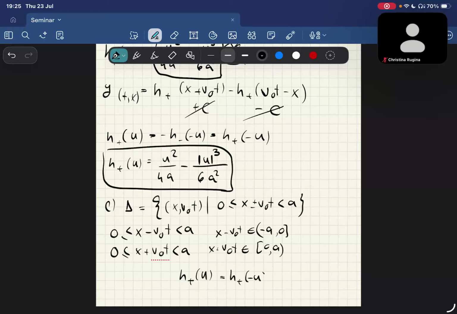Okay, so by using also the property that h plus of u is equal to h plus of minus u, it means that we can flip here the sign. So v0t, one moment.